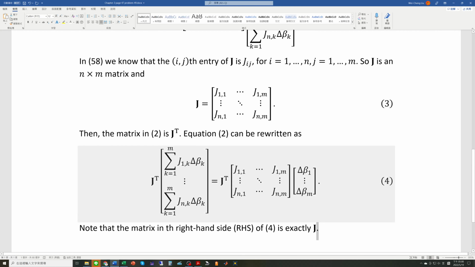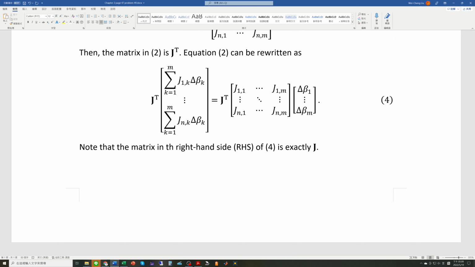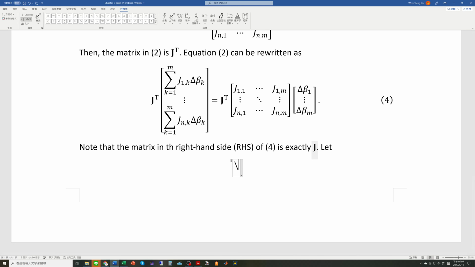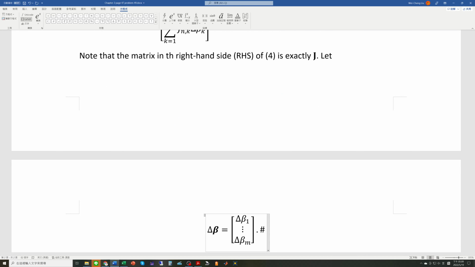You can compare this matrix and J. You can see that they are totally the same. So this matrix is equal to J, and let delta beta, it is a vector, be equal to this vector. So this is equation 5.